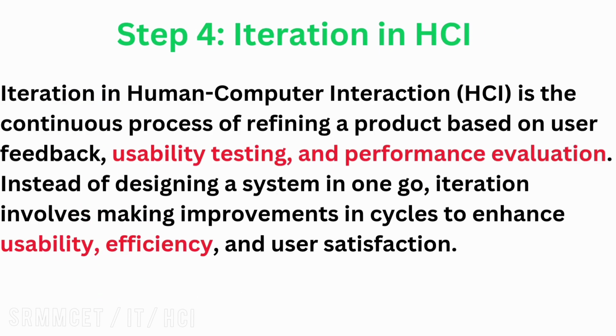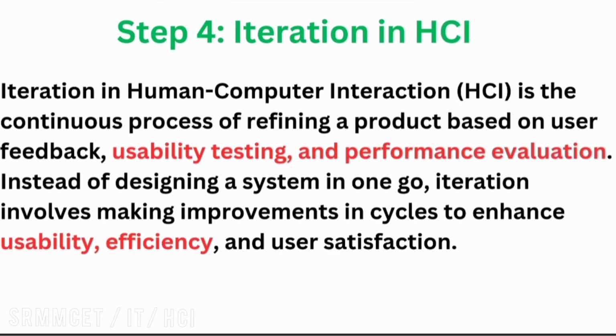The step 4 is iteration in HCI. So, iteration in HCI, human computer interaction, is the continuous process of refining a product based on users' feedback, usability testing, and performance evaluation.